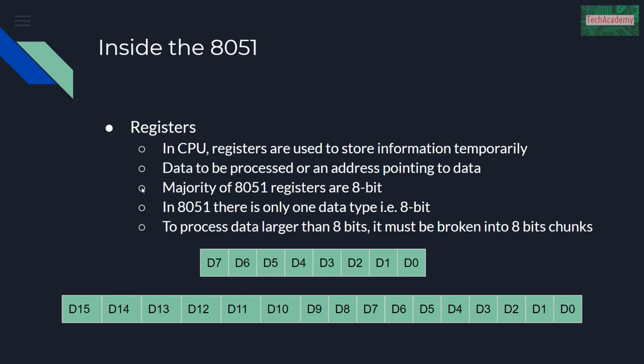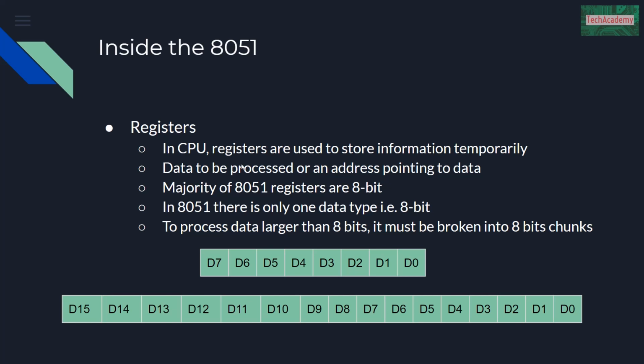Okay, so let's start with the internal registers of this 8051 microcontroller. In the CPU we see there are so many widely used registers, which are generally used to store information temporarily.